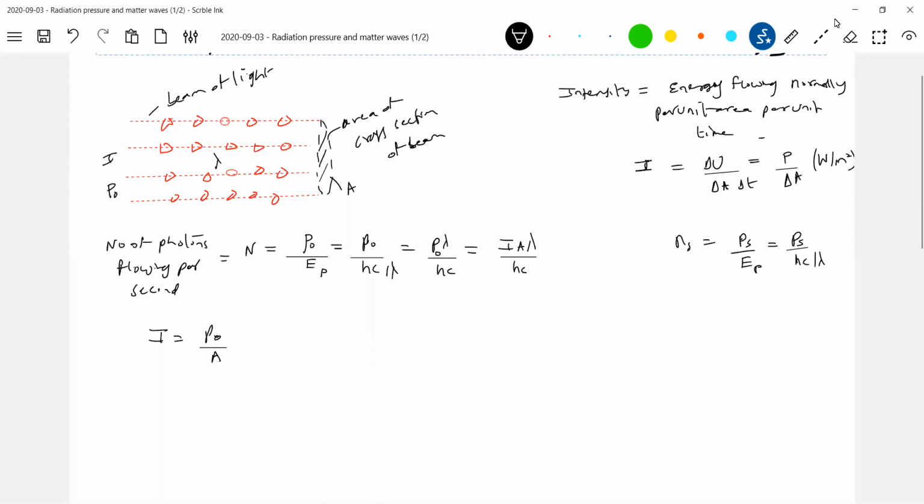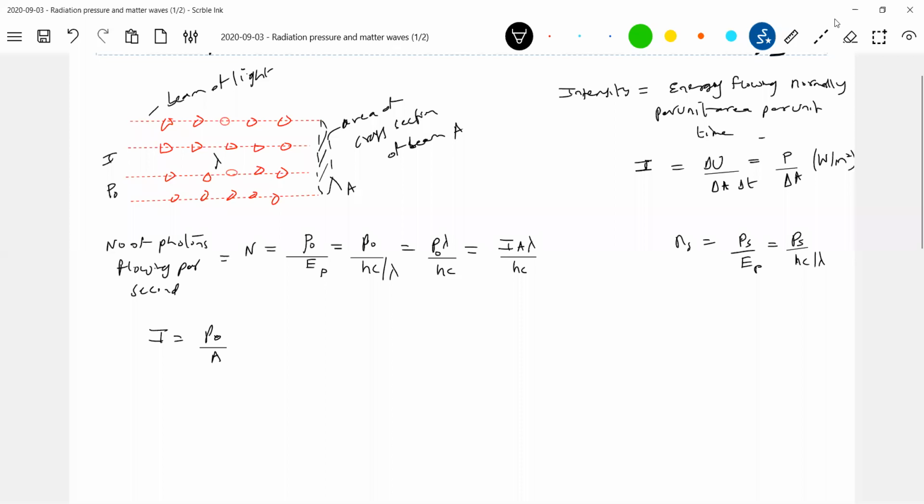How many photons per second will cross through an area A is given by this particular formula. This is the base of the whole chapter, radiation pressure. It depends on the area of cross section of the beam A, the wavelength of the light, the intensity of the light, and the constants h and c. This will give the number of photons flowing per second. I think per second is very important.